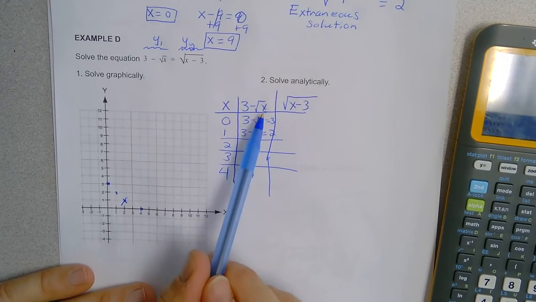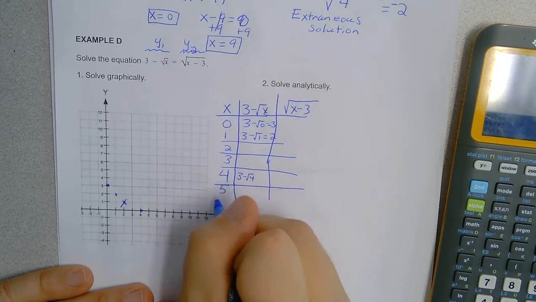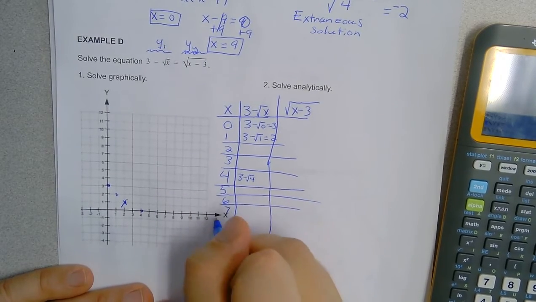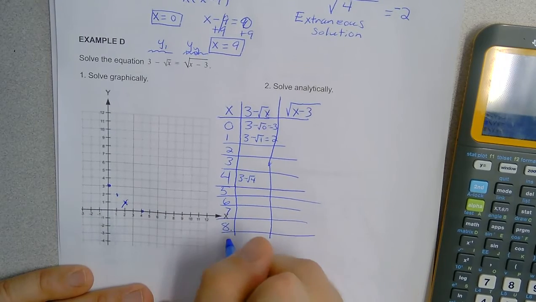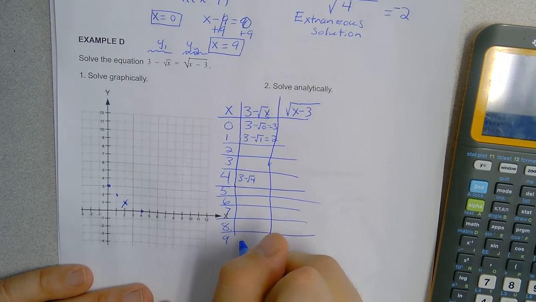And then the next perfect square, I can put in 9. So I'm just going to skip some also. So 5, 6, 7, 8, and 9. So the square root of 9 is 3.